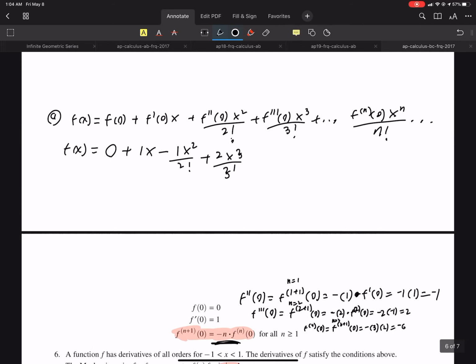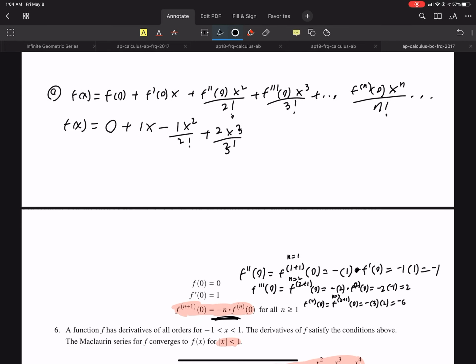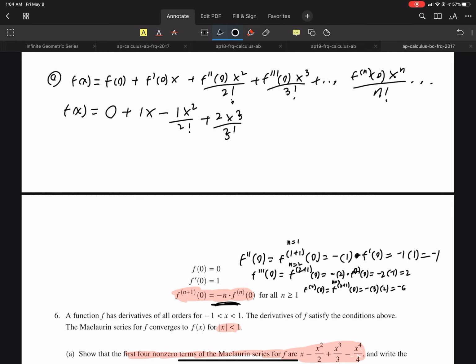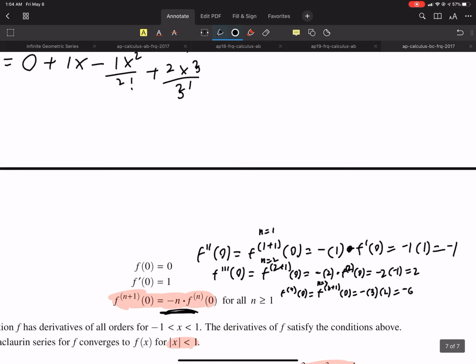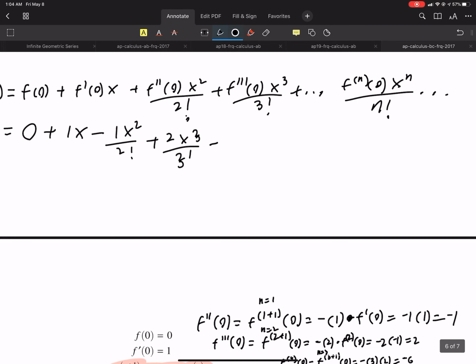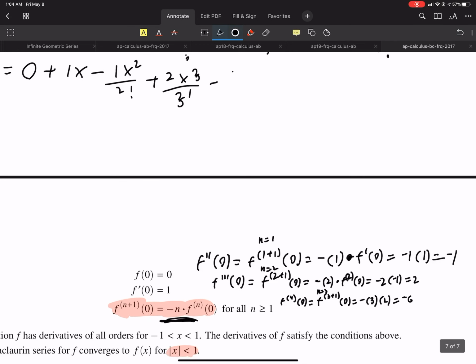The second derivative is -1, the third is 2, and I do need one more term, the fourth derivative, but I found the fourth derivative. So the fourth derivative term is going to be the negative 6 x to the fourth over 4 factorial plus dot, dot, dot.